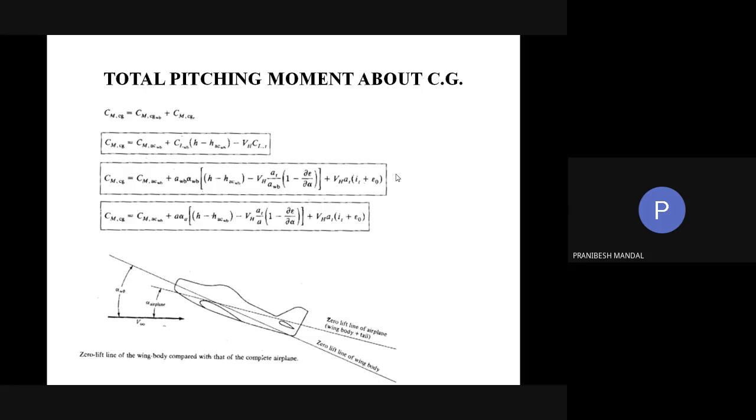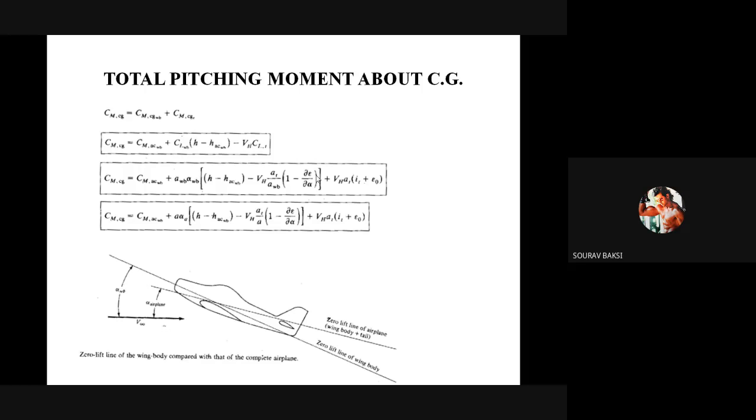Is it understood? Yes or no? Yes, sir. The inner term, 1 minus del epsilon by del alpha, will become the double derivative, del squared epsilon by del alpha squared, where del alpha is constant. This is the slope of the epsilon versus alpha curve, so that is by default a constant.